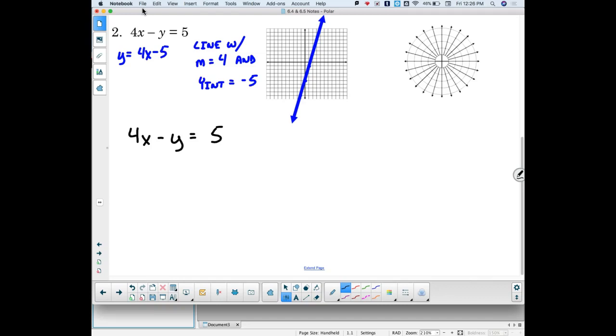Take a step back. What do polar equations look like? We talked about that on Wednesday. They all look like, just in general, r equals.